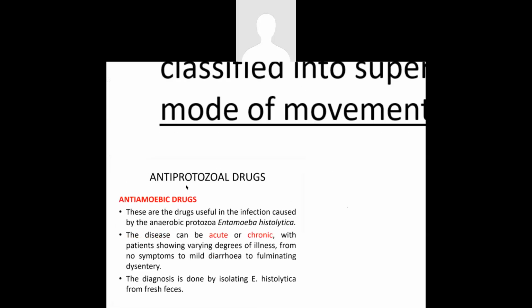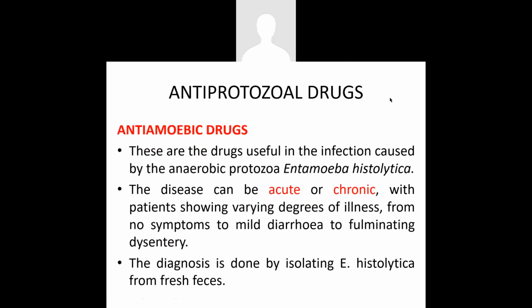For the antiprotozoal drugs we have anti-amoebiasis drugs. These drugs are useful for treatment of infection caused by Entamoeba histolytica. This infection may cause acute or chronic infection. In the past lecture, we talked about Entamoeba histolytica classification and the pathogenicity of these microorganisms.